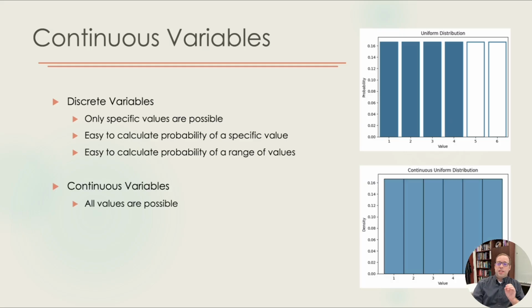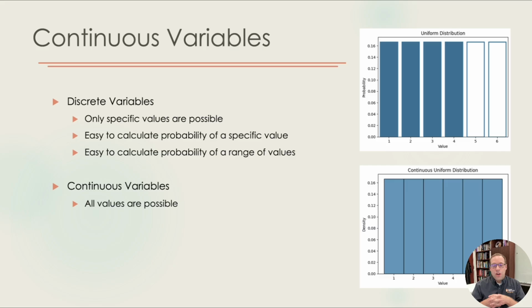This changes when we get to a continuous distribution. Now, this bottom graph, I have a continuous uniform distribution. By that, I mean that somehow our die becomes magical and we can now roll values in between each value.